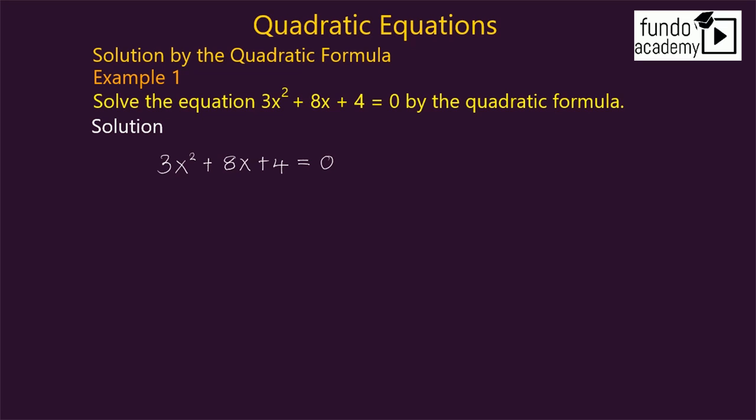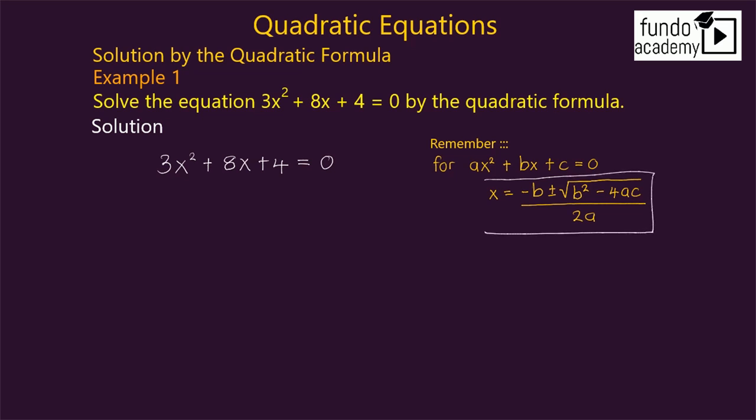You can recall from the previous video that for the general equation ax squared plus bx plus c equal to 0, x will be equal to minus b plus or minus the square root of b squared minus 4ac, all divided by 2a. You always need to remember this formula, and that's the formula we're going to use to find the value of our unknown, x.